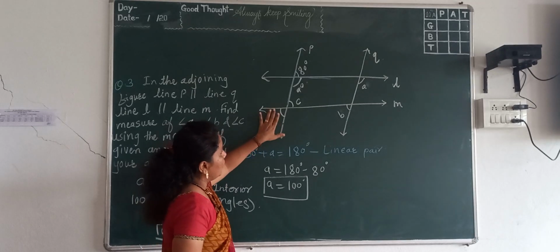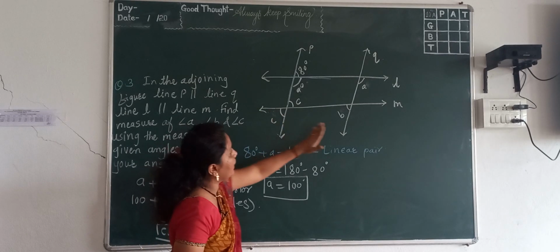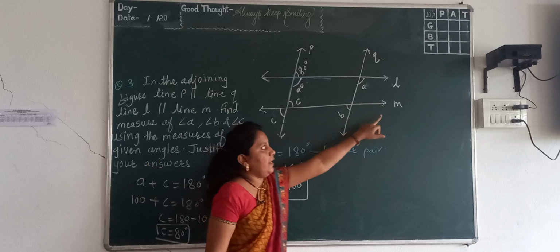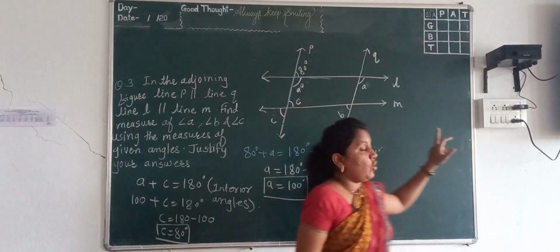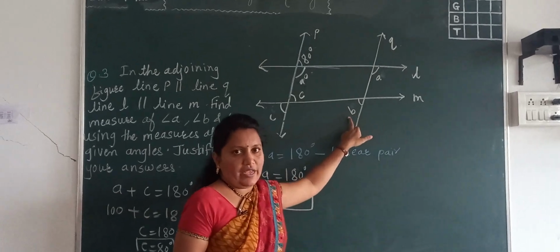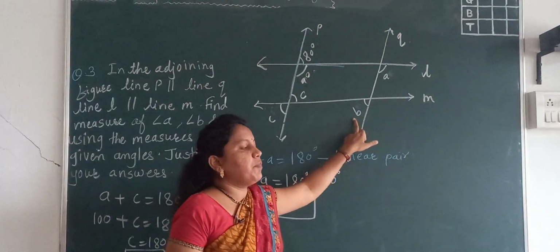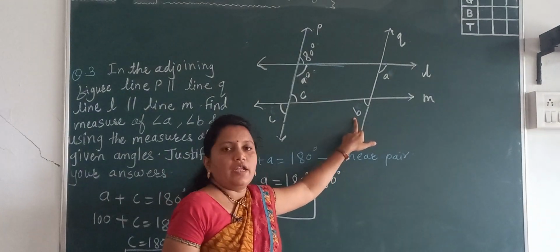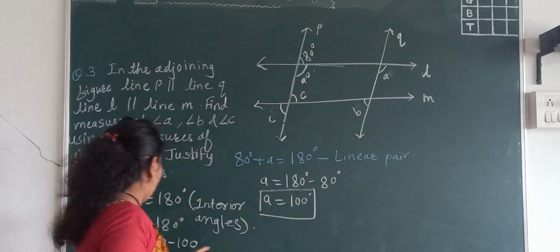Then see, in this figure, lines P and Q are parallel lines, and M is the transversal. Here angle C and angle B are corresponding angles, and the property of corresponding angles is that they are congruent.